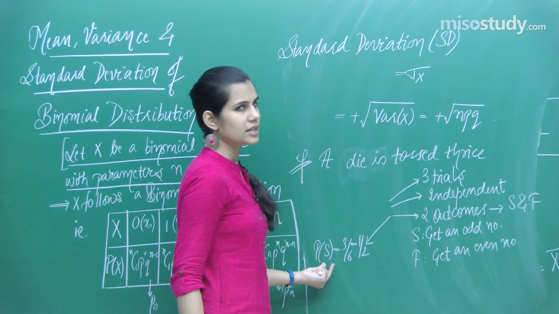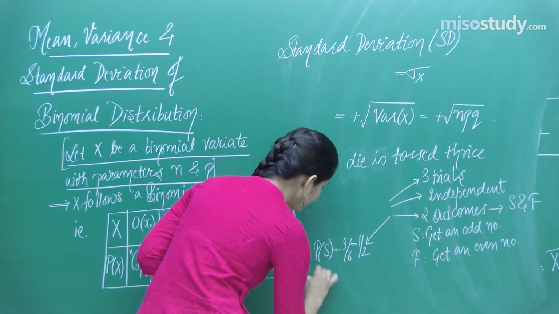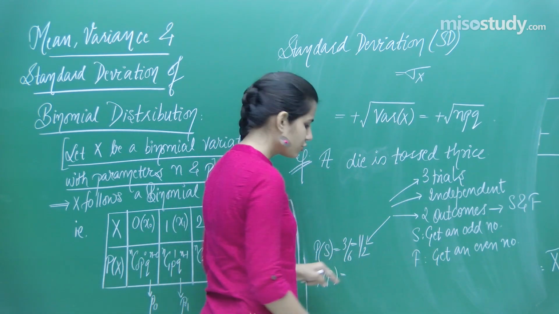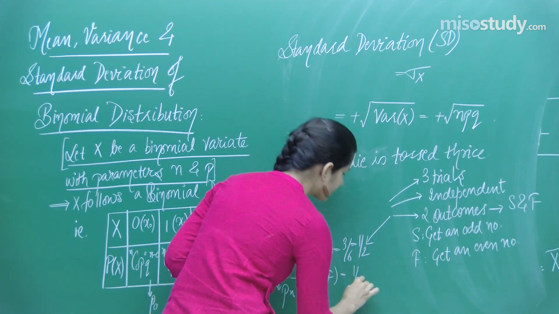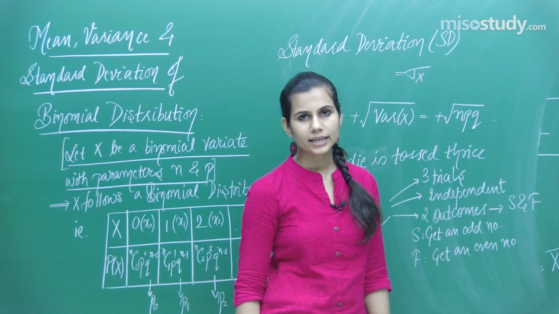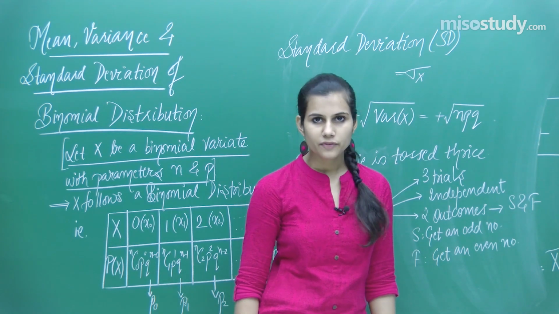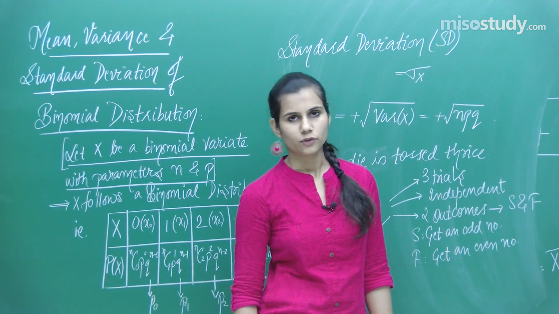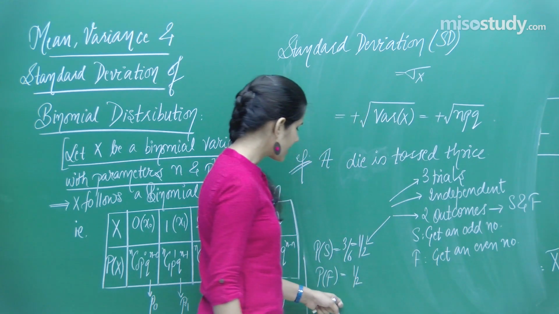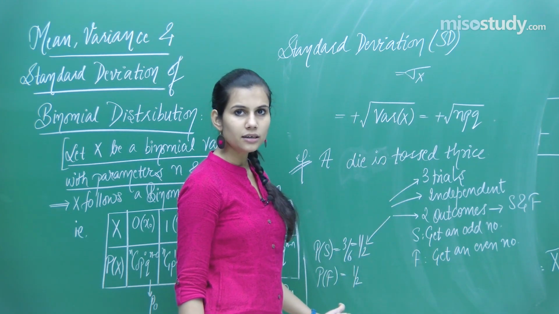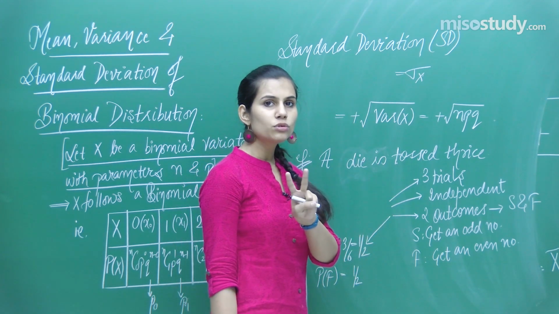The probability of failure is 1 minus 1 by 2, which is again 1 by 2. Or the probability of getting an even number is again 3 by 6, because 2, 4 and 6 are favorable, so 1 by 2. The setup is like this.